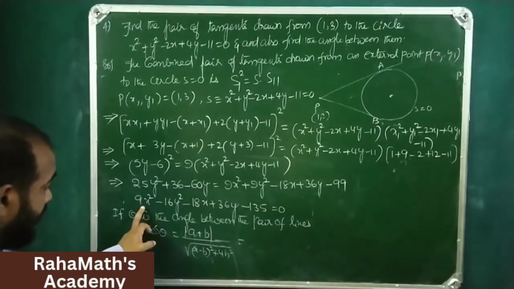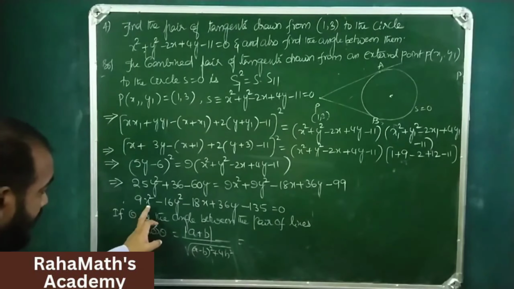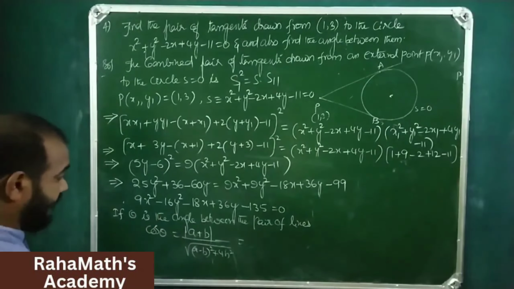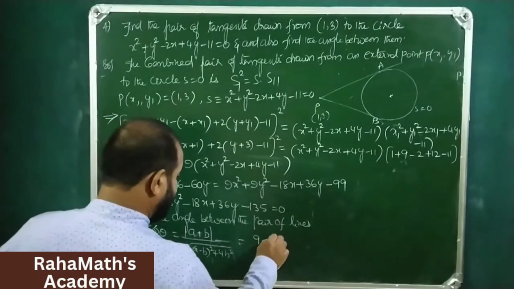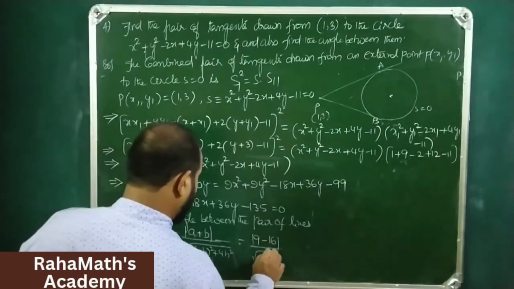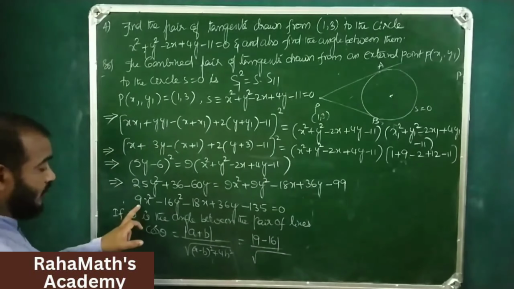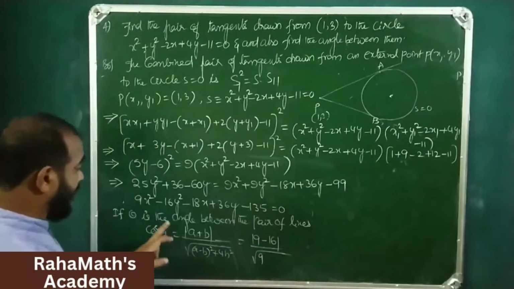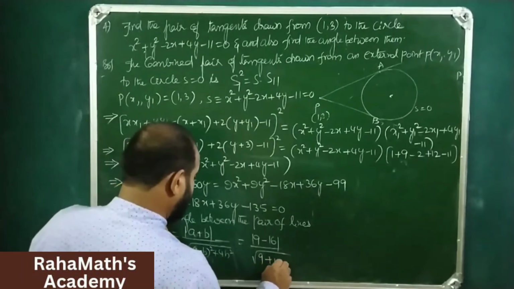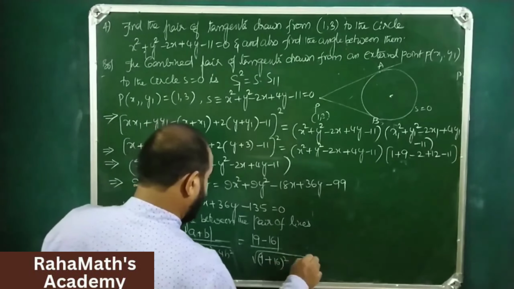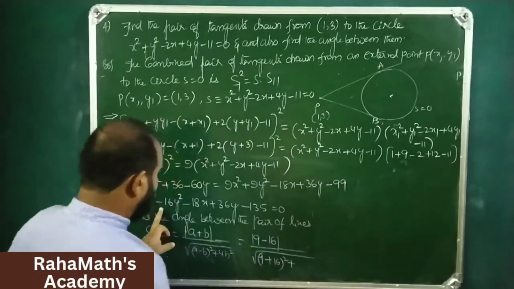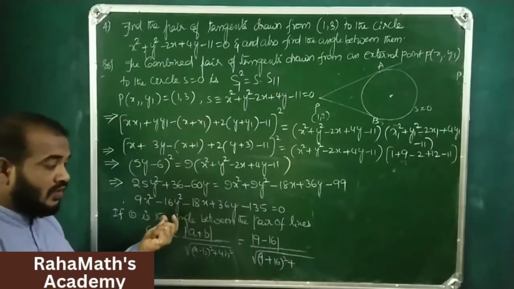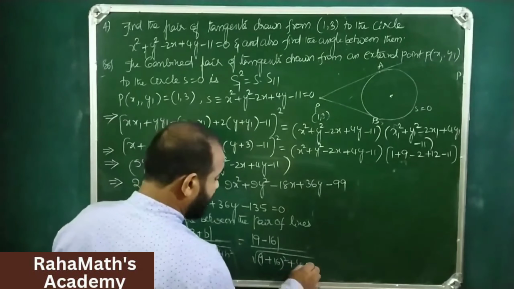So 9 minus 16 by square root of (9 minus of minus 16) whole square plus 4, since here the coefficient of xy is not there, therefore 4 into h is 0 square.